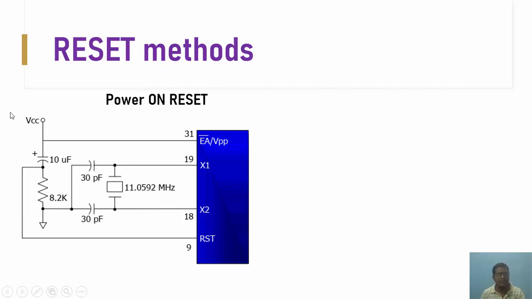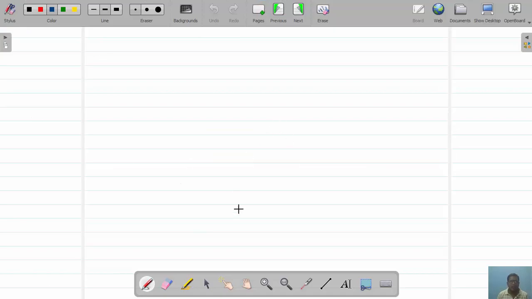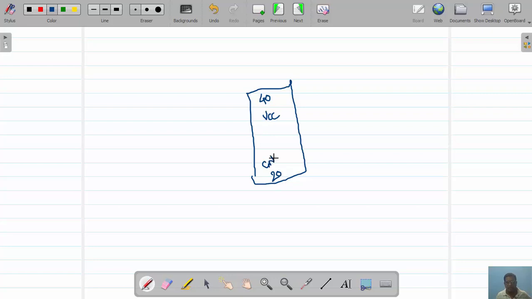Now how exactly does this power on reset work? Let us see. Suppose right now we have a microcontroller based system. Pin number 40 is the VCC for this, and pin number 20 is the ground pin.